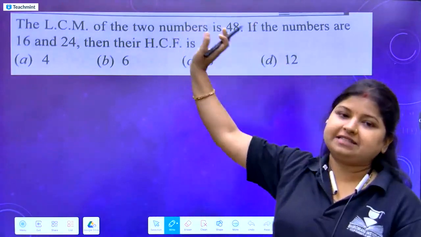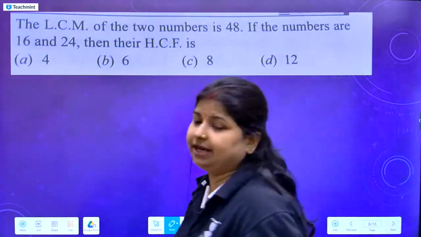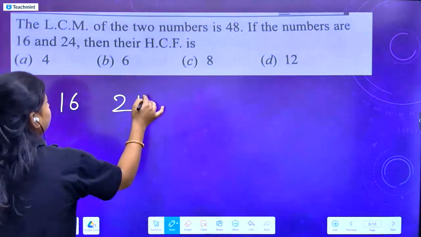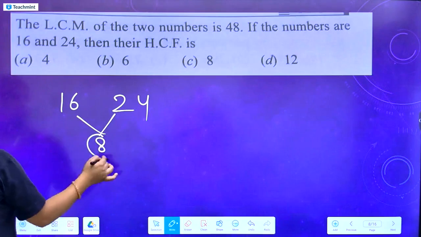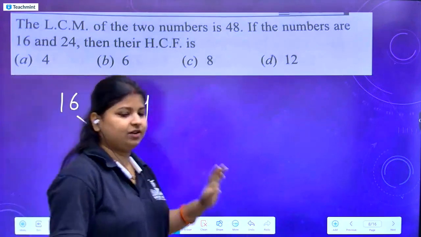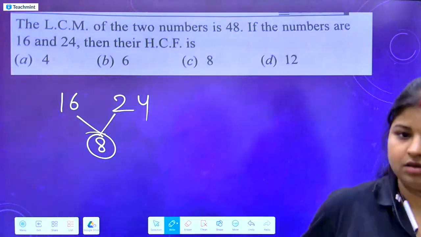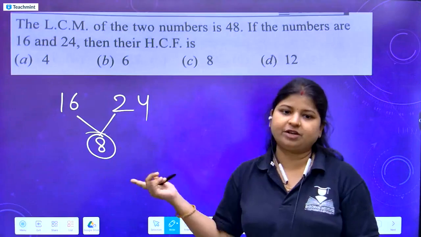So if I see this question, one way of solving this can be that the numbers are 16 and 24. So just calculate the difference and get your answer, because HCF means the difference process, calculating the difference between the numbers.